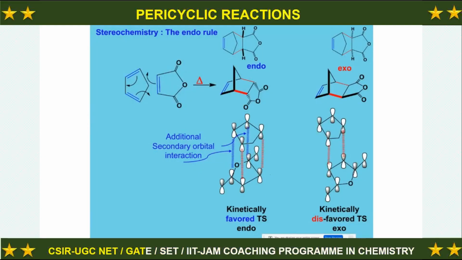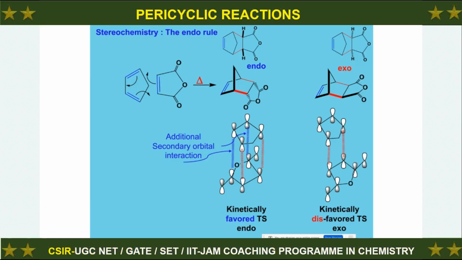Okay. So for better understanding, the red bond here is the frontier orbitals approaching each other. Then the blue bonds are the backside bonds. So the additional secondary orbital interactions give a kinetically favored transition state. But this one is front to front only, meaning there are no secondary orbital interactions. This is the exo product.